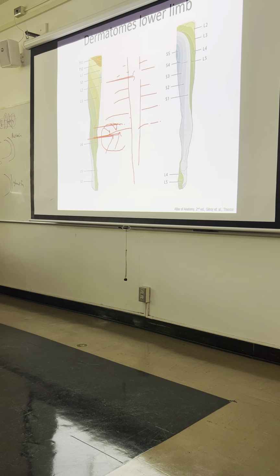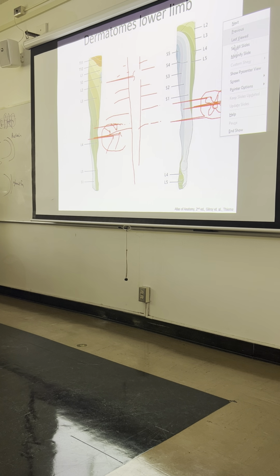There's a really interesting neurological condition where in the cervical spinal cord, remember, there's a central canal. So in some people, the central canal cavitates out, starts to enlarge, and it starts to impact pain and temperature fibers that cross, which you'll learn about when you take a neuro course.